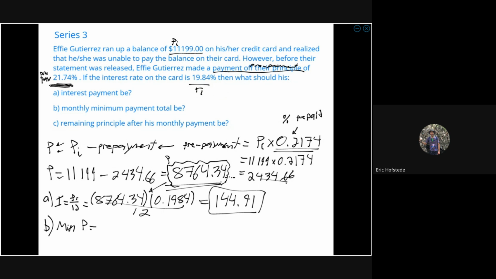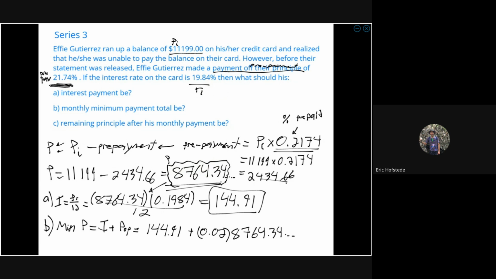All right, now B, minimum payment. Min P is I plus POP, which I just calculated I, my interest, 144.91, plus a payment off principal, which is always 2%. And the principal amount that I'm using is $8,764.34 and change.